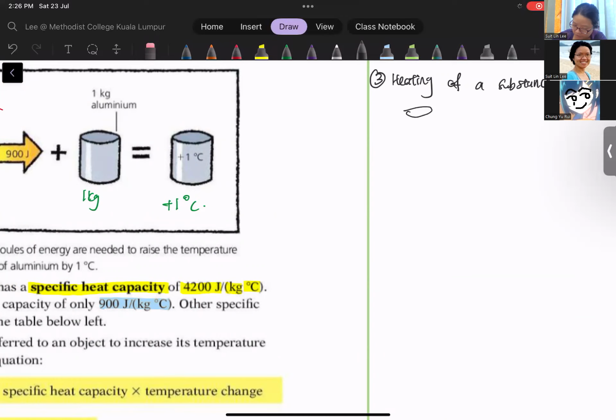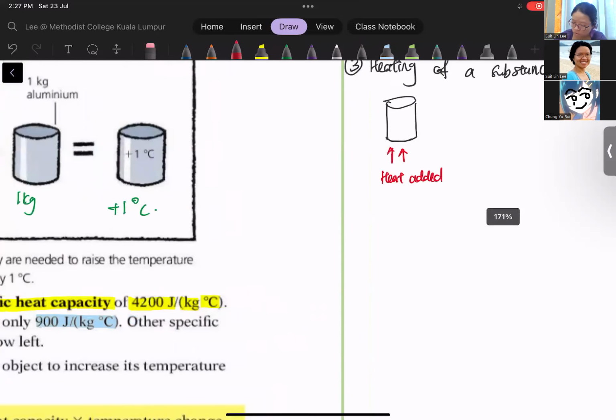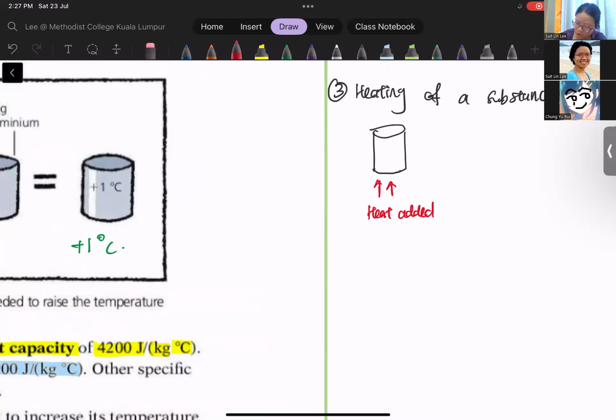So let's say I have a substance here, and I add some heat, let's say Q. The symbol I will use is Q. The unit here would be joule. And let's say this is a substance of mass M.